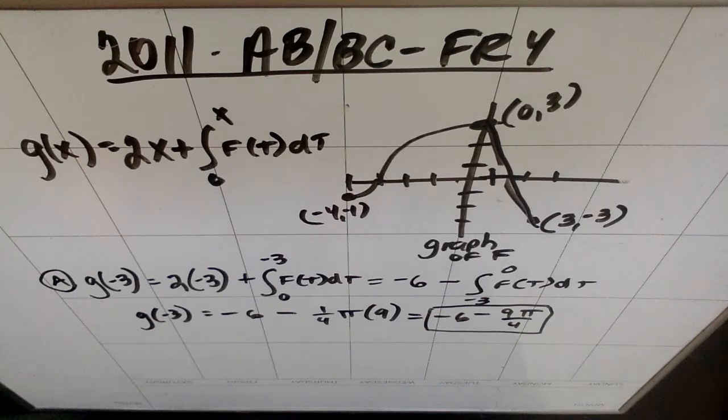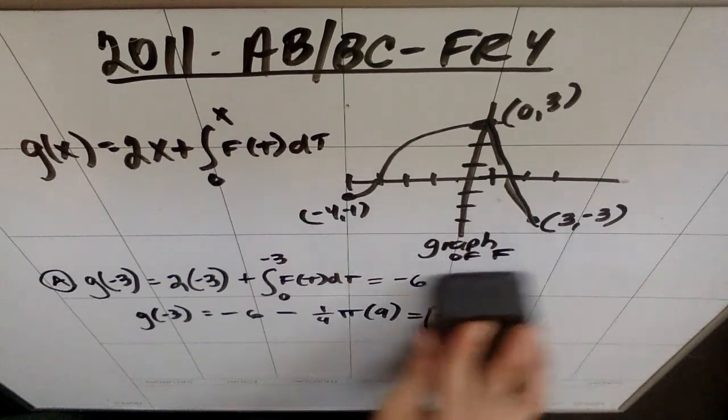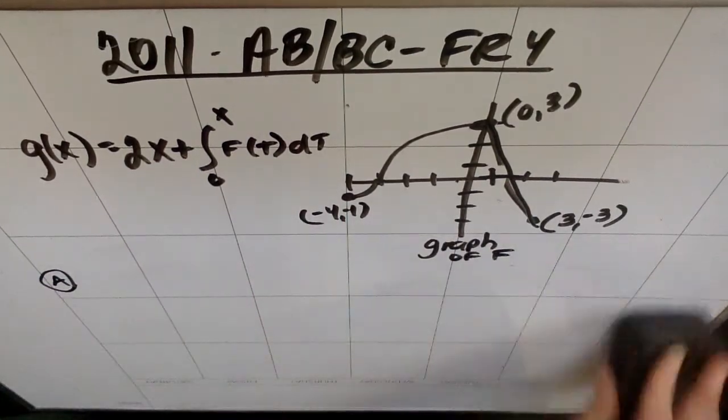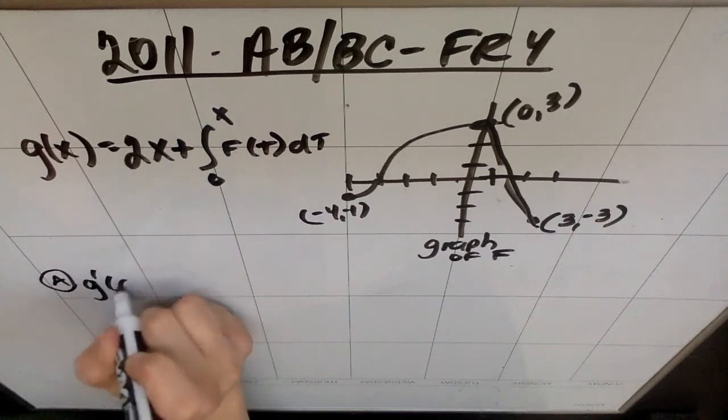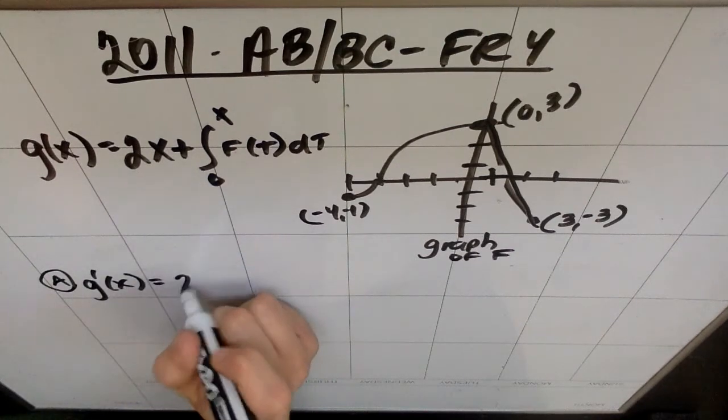Next thing I'm asked to do is find g prime of x, and then find g prime of -3. Well, for g prime of x, I'm going to erase my first part of A so that you can see everything. I'm going to derive this g of x that's up here. So g prime of x is going to be the derivative of the 2x, which is a 2.